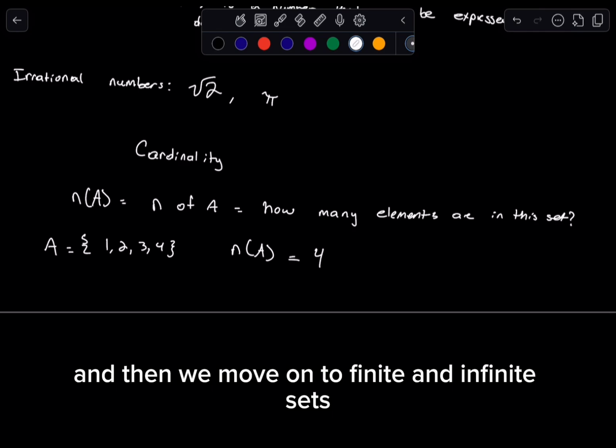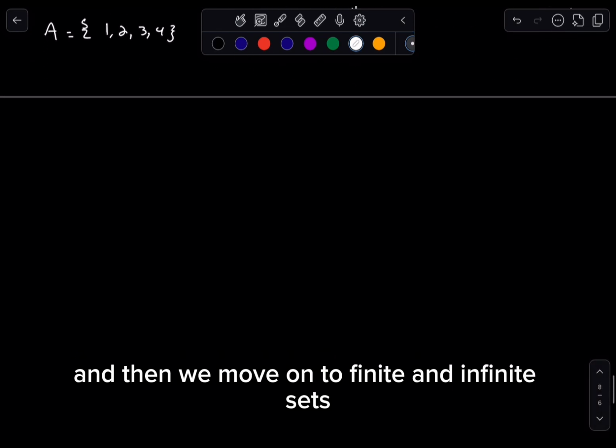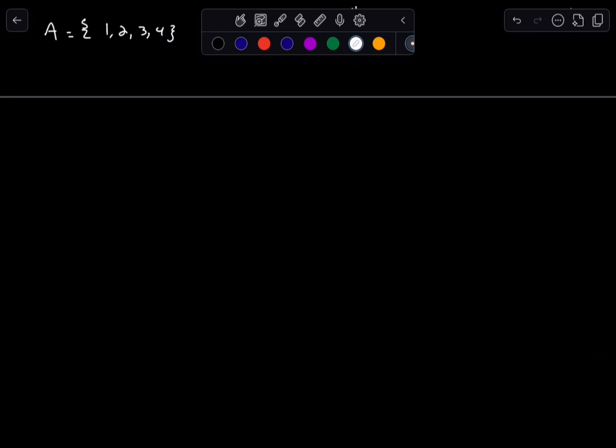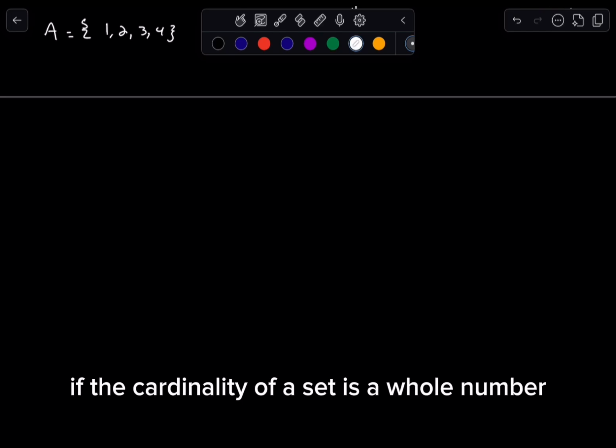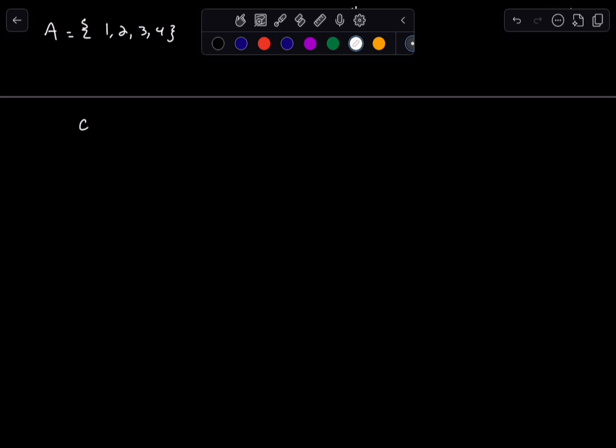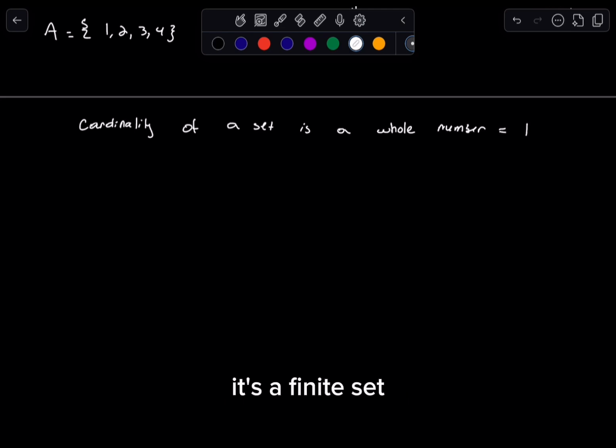And then we move on to finite and infinite sets. If the cardinality of a set is a whole number, it's a finite set.